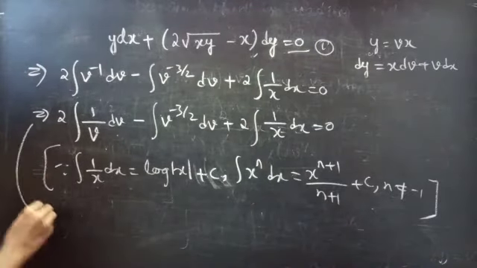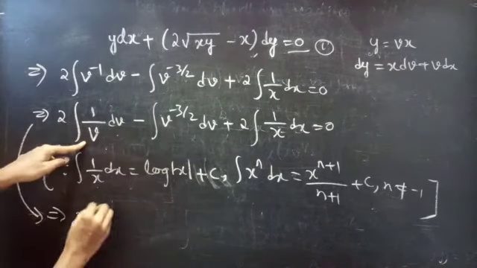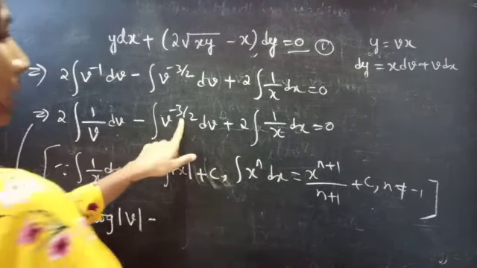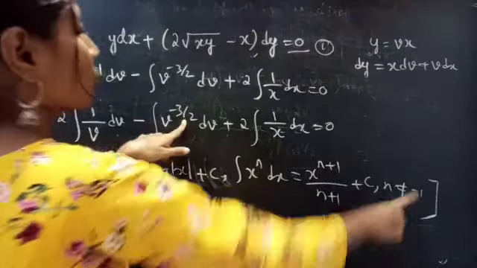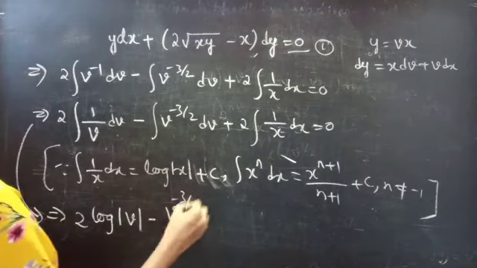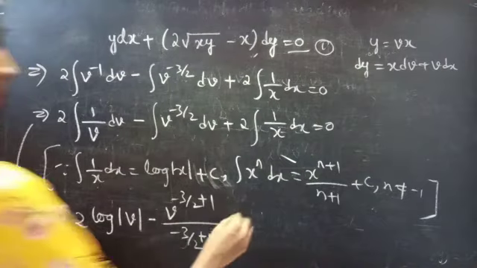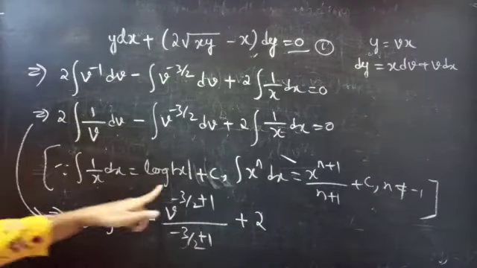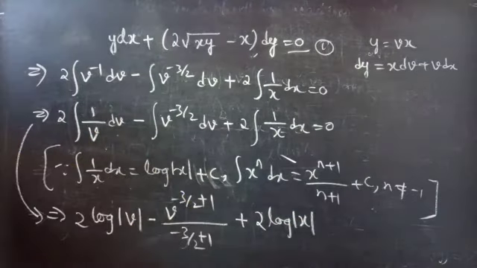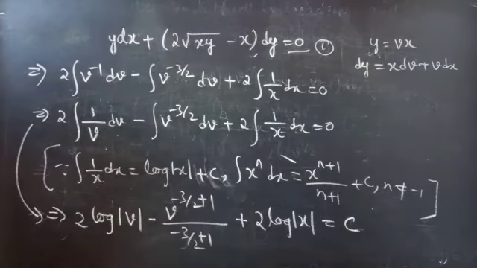Okay, and this becomes 2 into, apply this formula here, you'll get log mod v minus, for n equals to minus 3 by 2 which is not equals to minus 1. So we can apply this formula, you'll get v power minus 3 by 2 plus 1 by minus 3 by 2 plus 1, plus 2 into integral 1 by x dx is log mod x equals to integral constant c.